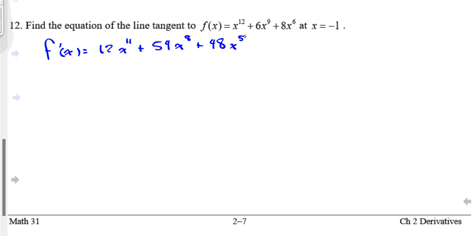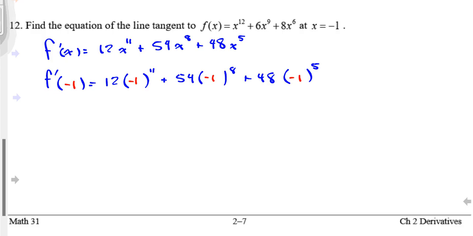And then we can plug in the negative 1. Are you good with getting a slope of negative 6?